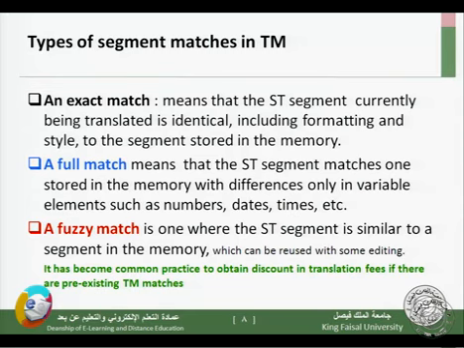Now, this kind of translation is becoming very popular. You know why? Because it helps the translator obtain a discount in translation fees. Why? Because there is already existing translation.